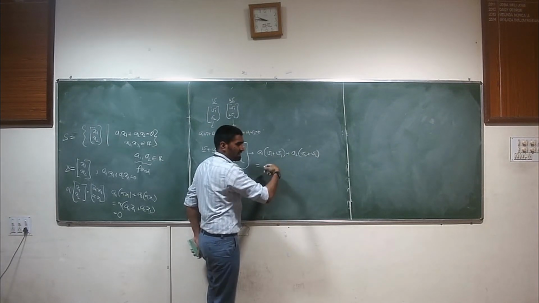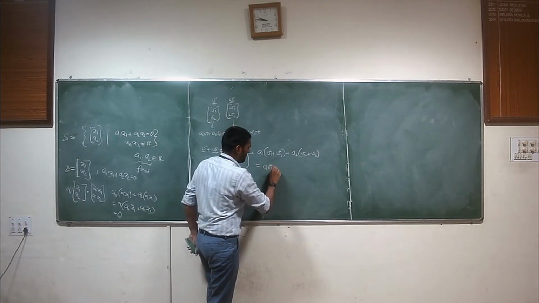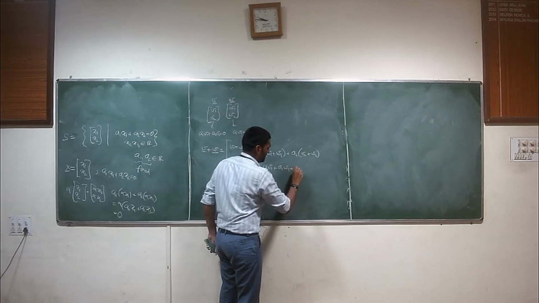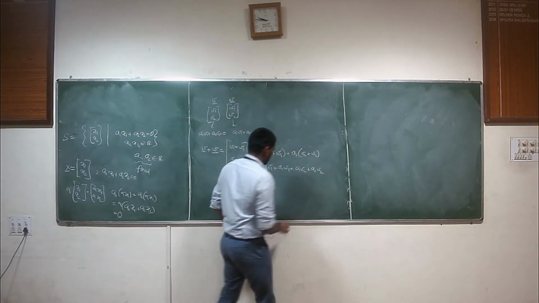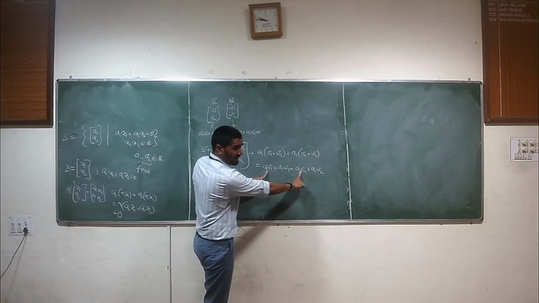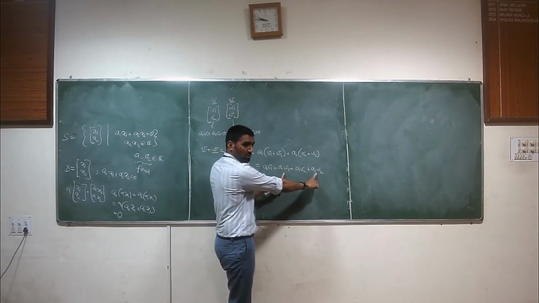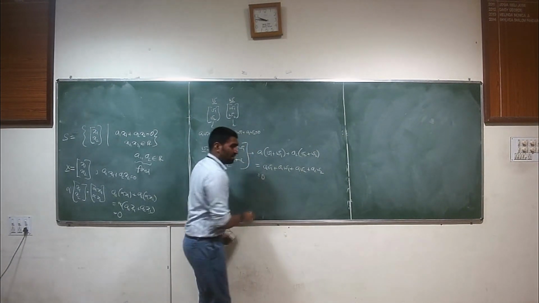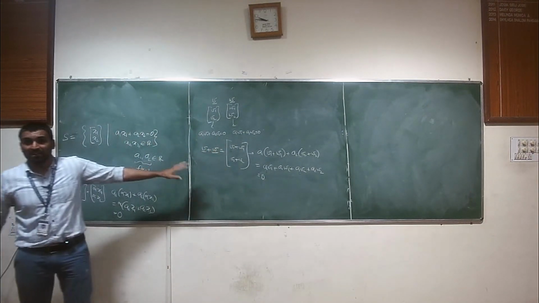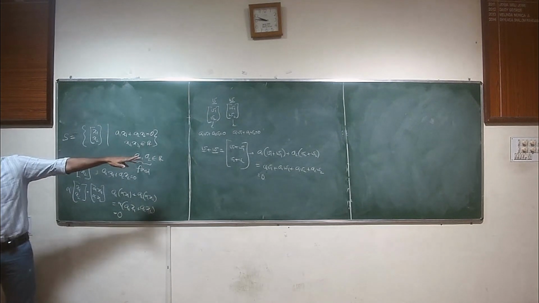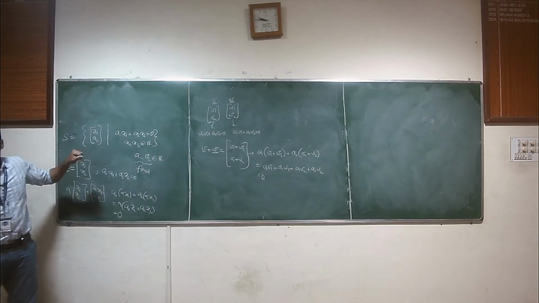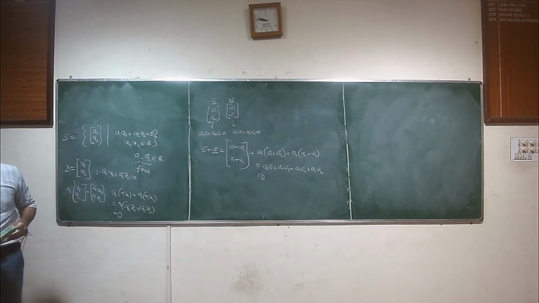Real number multiplication is distributive, so a1 v1 plus a1 w1 plus a2 v2 plus a2 w2. Now these two will add to give you 0, these two will add to give you 0, that means this is 0. That means it is closed under vector addition as well. So it's closed under both of these, so it turns out that this is in fact a vector space.